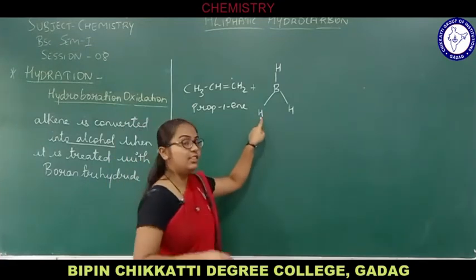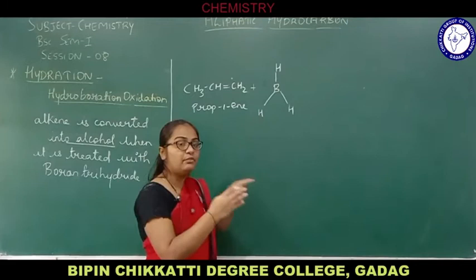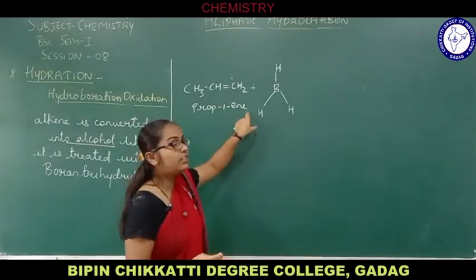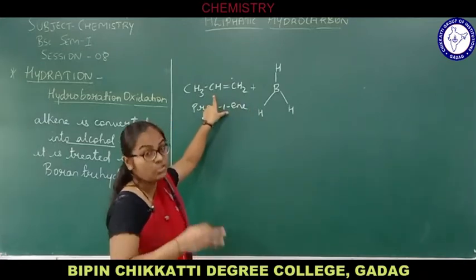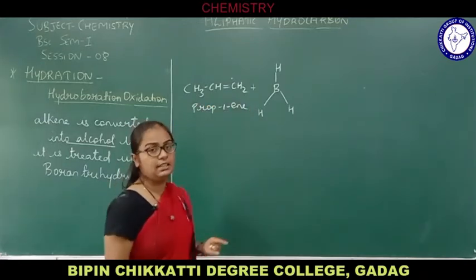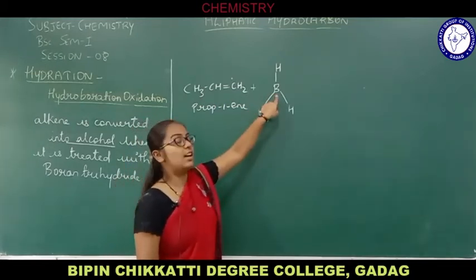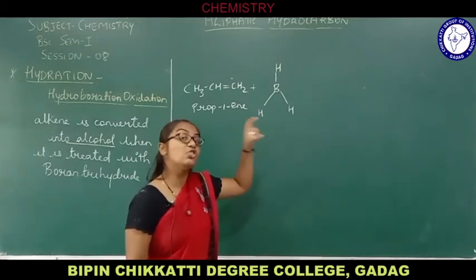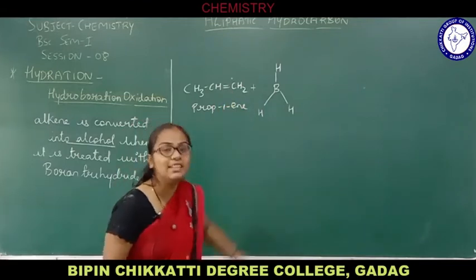Whatever negatively charged atom is formed after the polarization process, that negatively charged group will go and get attached to the positive carbon atom of the alkene, and vice versa. Whatever positively charged atom is formed over there, that positively charged group will go and get attached to the negatively charged carbon of the alkene.